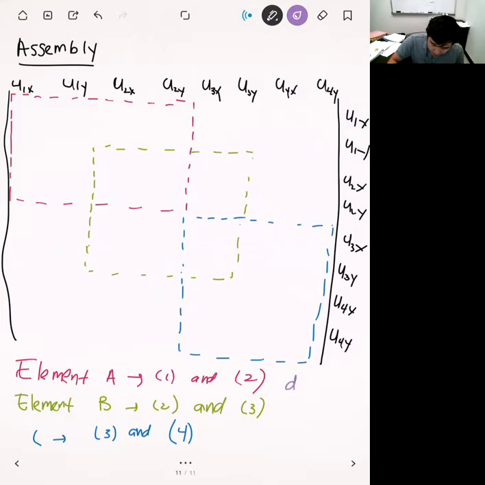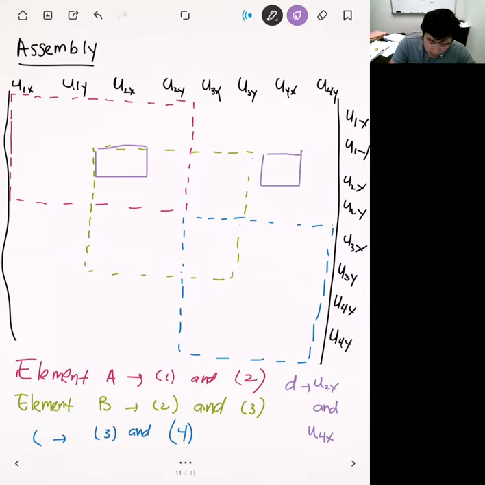Okay. And so with D, what we said, this only acts on U2X and U4X, right? And so what that tells us is that we're going to go to all the columns that have U2X, okay? And so U2X, we go to U2X, U2X, and so we see that we have an entry right here, okay? Then we go to U2X, U4X, and so that's an entry right there, right?